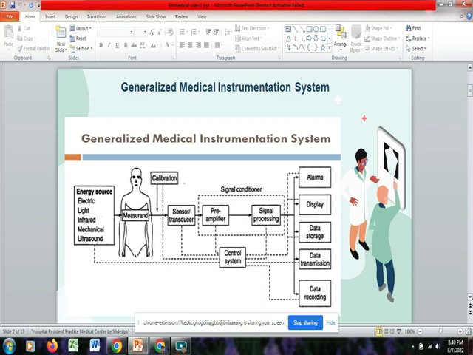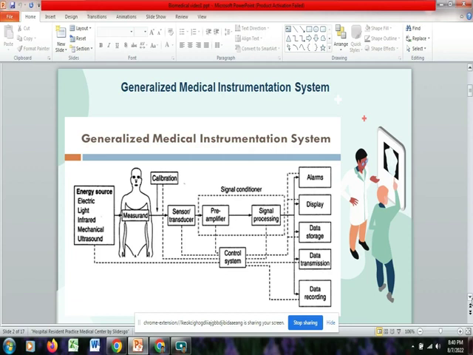This low value voltage and current signal is amplified using a preamplifier. Most biomedical systems use an instrumentation amplifier and some other amplifiers. High gain amplifiers amplify the sensor output. After amplification, it is sent to the signal processing device, which may have algorithms or programs for the appropriate applications.